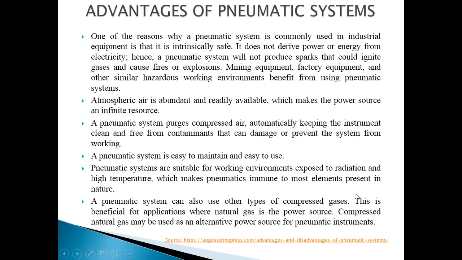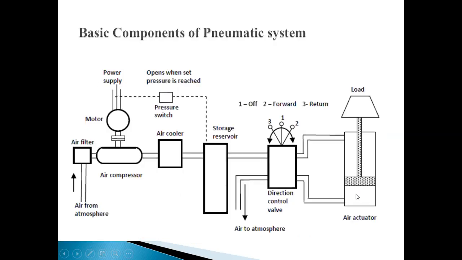Now the air which is present at the bottom side of the piston comes out through these pipelines, and then we release it into the air. So every time we take fresh air for compression and we release the air into the atmosphere after working.